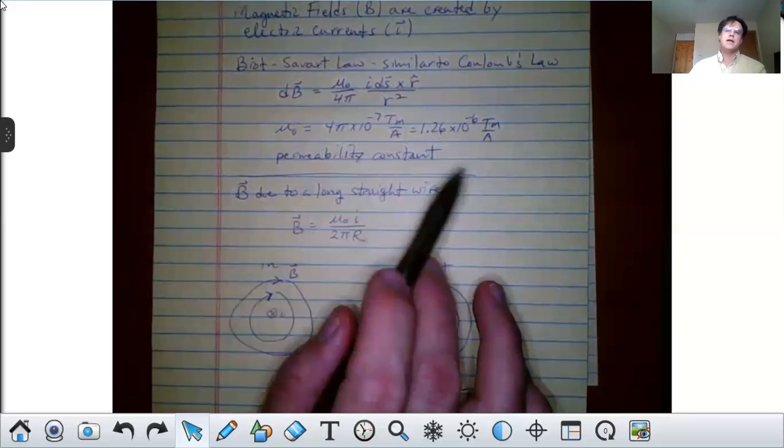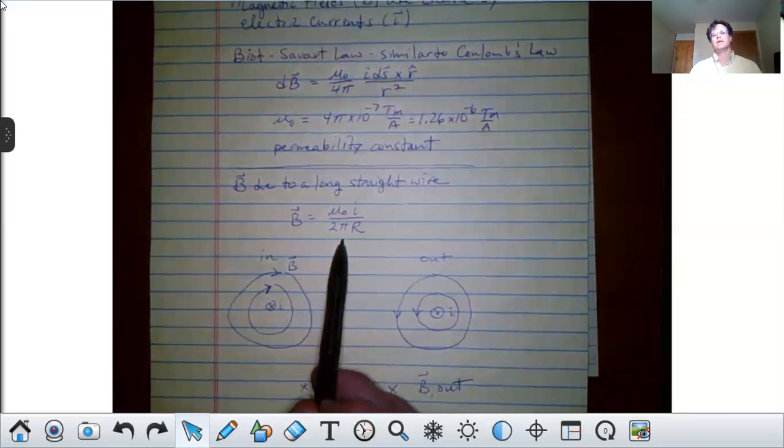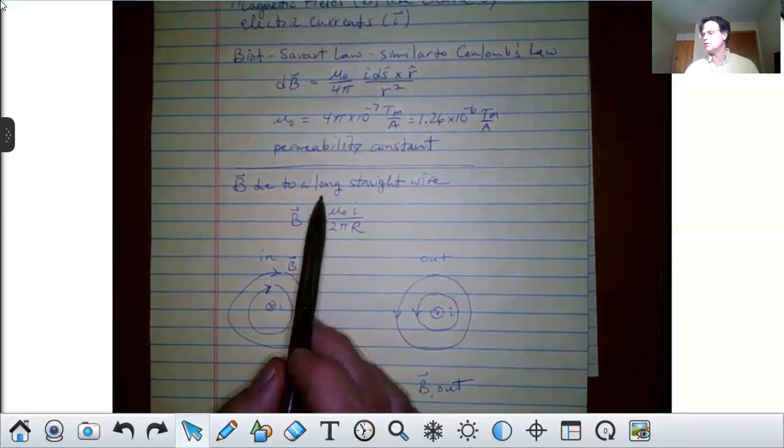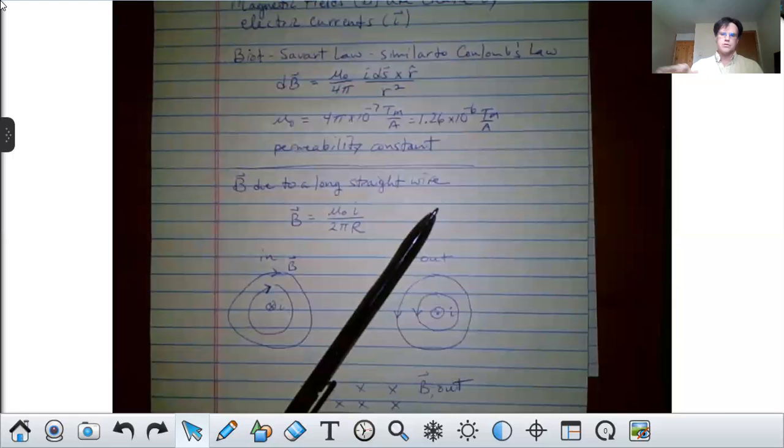So again, without doing the calculations for this, let's just show the result that you will get for a magnetic field due to a long straight wire. So if you've got a current in a long straight wire, and it doesn't have to be a long wire if you're close to the wire. If you're a little tiny electron close to the wire, that wire will still look long to you.